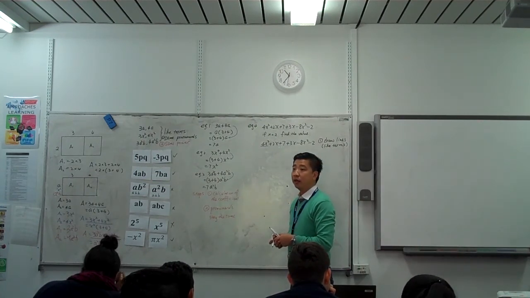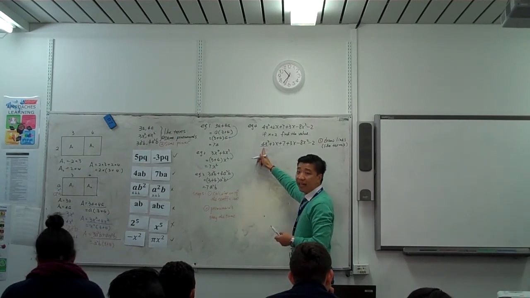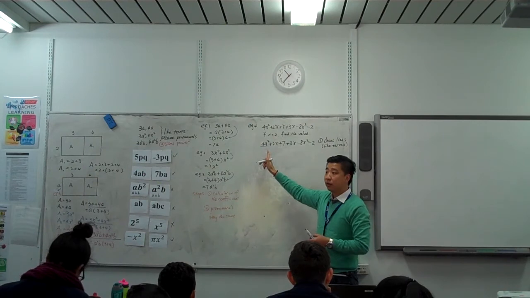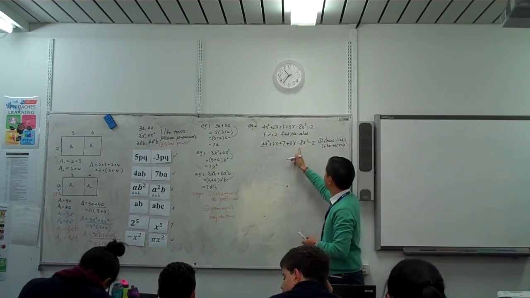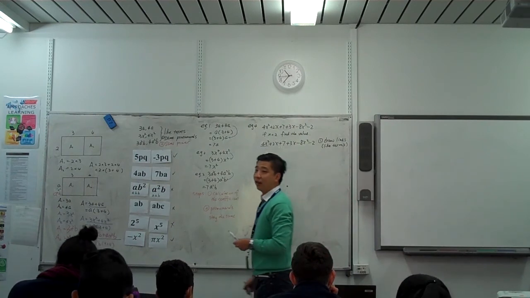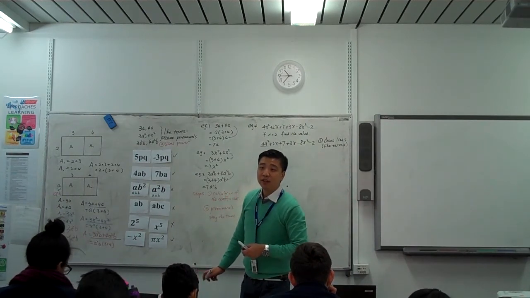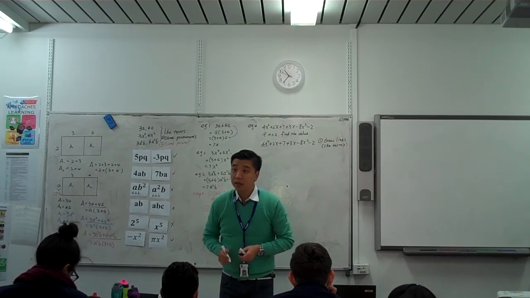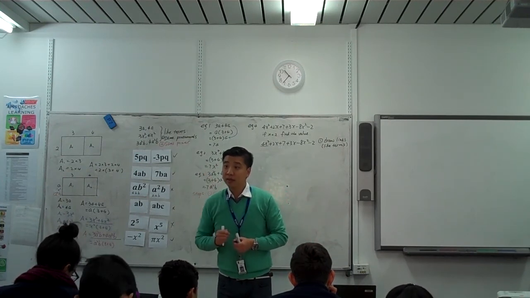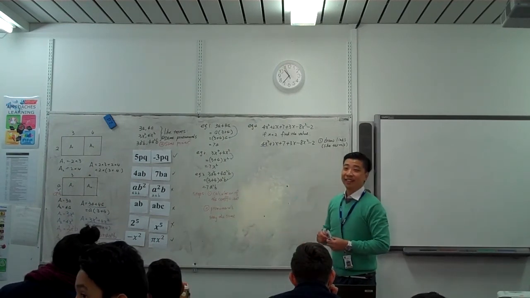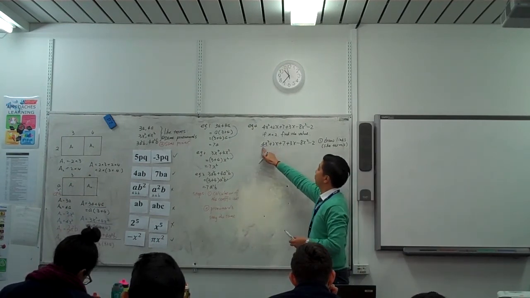Now, are there any like terms of 4x squared? Some people said 8x squared, very quick. What is the like term of 4x squared?